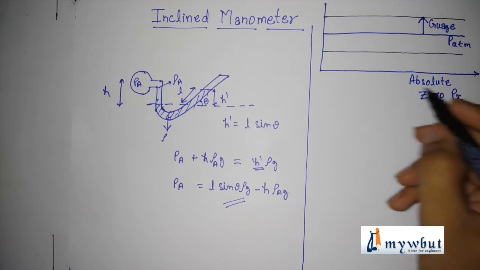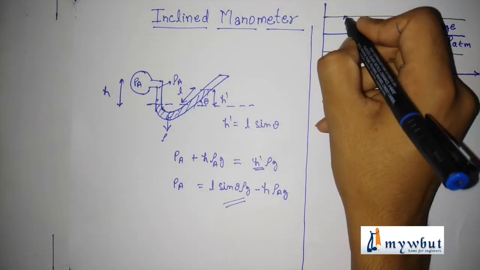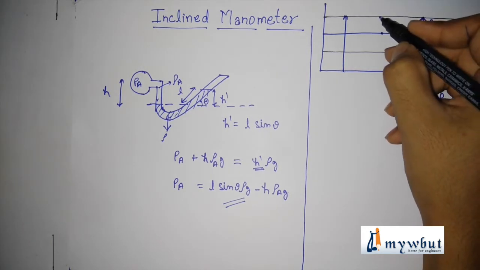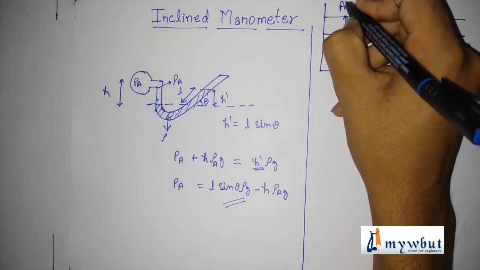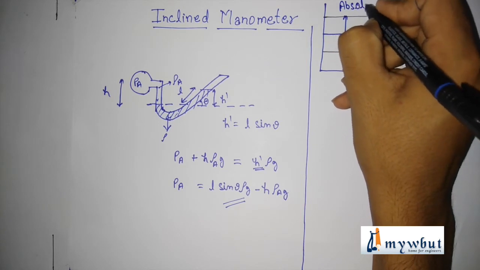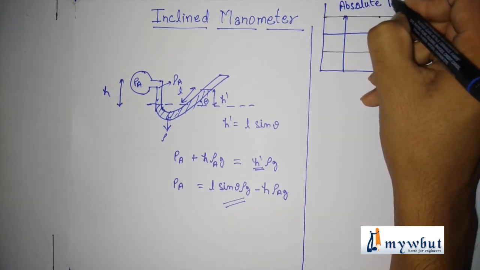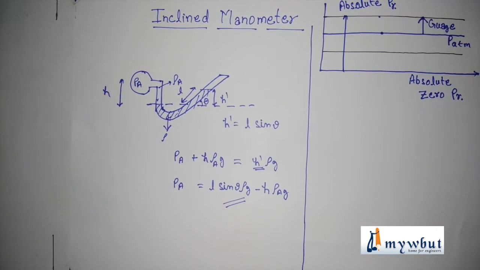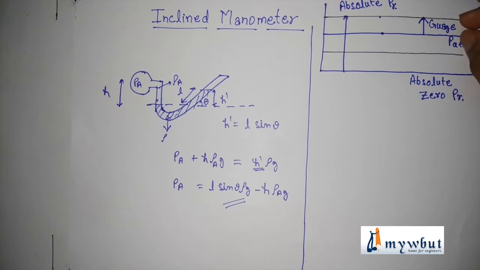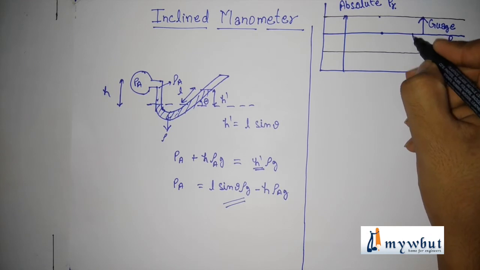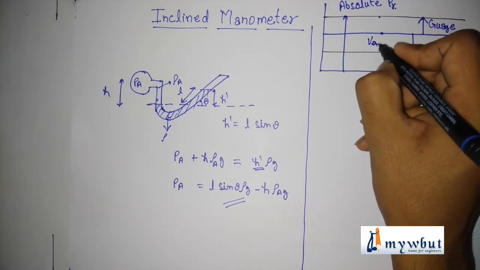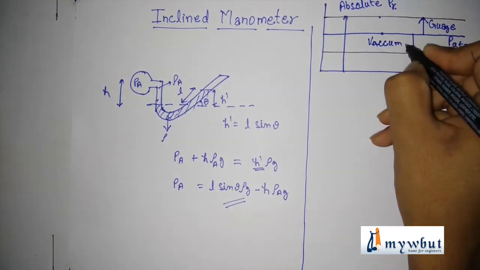Now, the absolute pressure is nothing but the summation of atmospheric pressure plus gauge pressure. The amount of pressure from PATM downward by the gauge pressure is known as vacuum pressure.